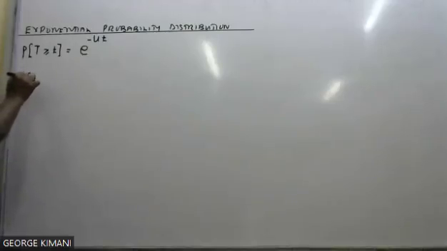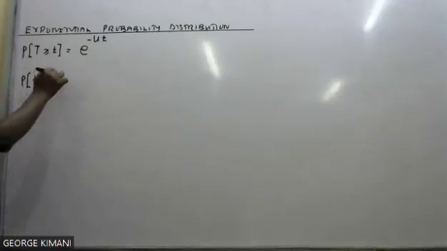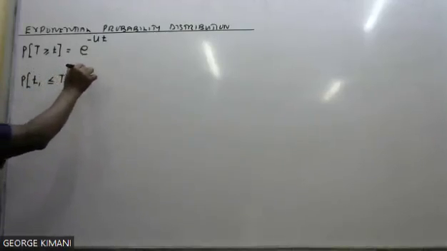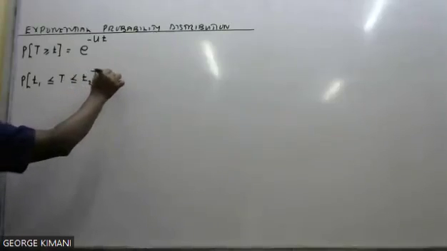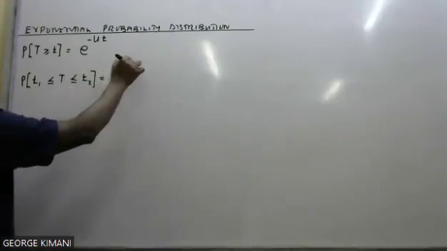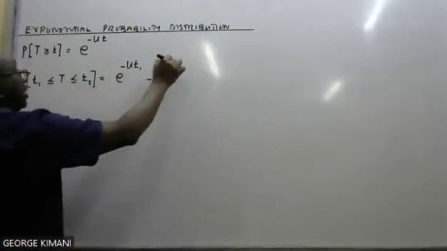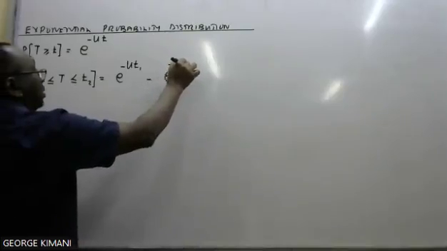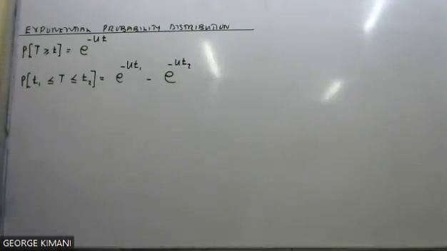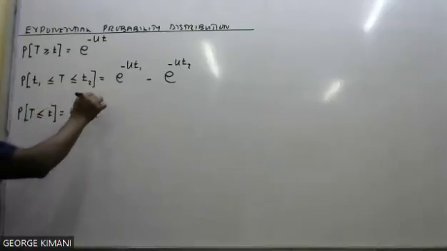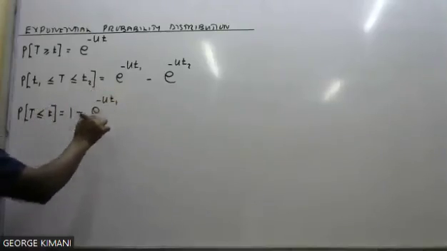The probability that we have T1 less than or equal to T, which is less than or equal to T2, is given as e raised to power minus UT1 minus e raised to power minus UT2. And then the probability that T is less than or equal to T is given as 1 minus e raised to power minus UT1.